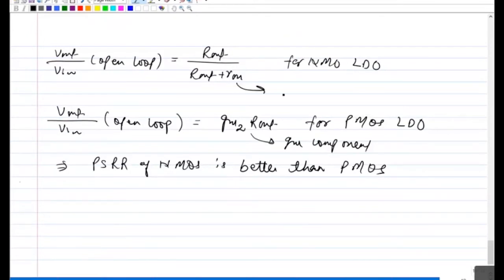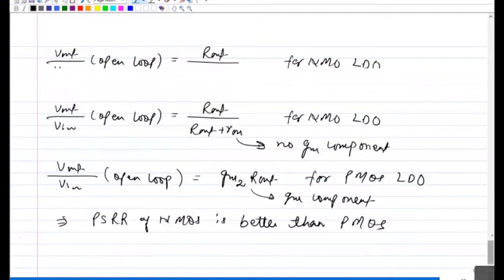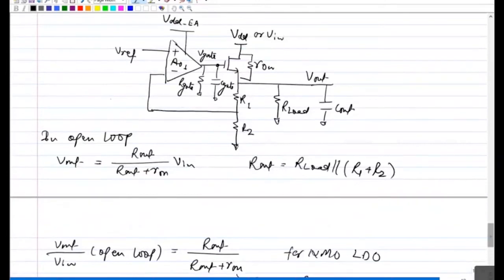Here you have no GM. Okay, so now we'll derive this and see what happens.